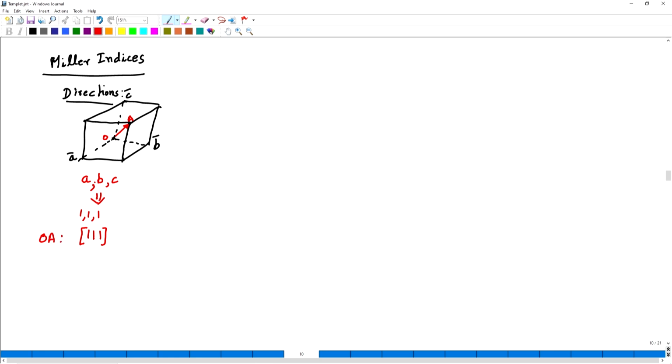Let us take another example. Let us take this direction OB. This vector OB is in the plane AB itself, and very clearly the 3 components would be 1 unit along A, 1 unit along B, and 0 units along C. Therefore, the components are 1, 1, 0 for this vector.